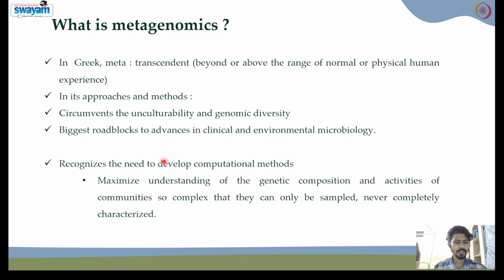So it circumvents both unculturability and genomic diversity, which is the biggest roadblock to advance in clinical and environmental biotechnology. So that's where the computation methods come into play for maximum understanding of the genetic composition and the activity of the community, so complex that it can only be sampled, never completely characterized.